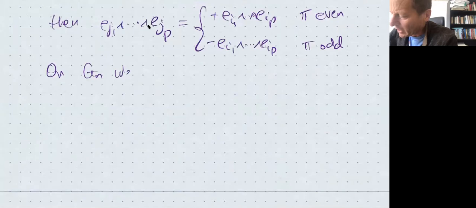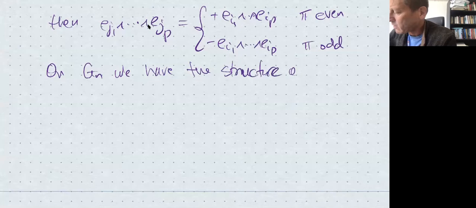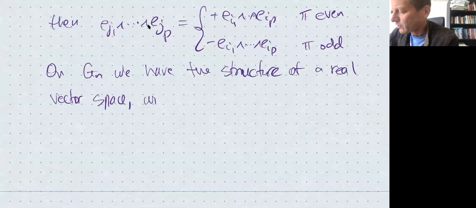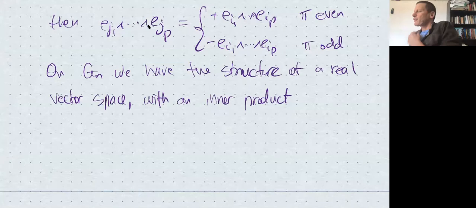On Gn we have the structure of a real vector space with an inner product. And we're going to define a third structure, which is the wedge product.